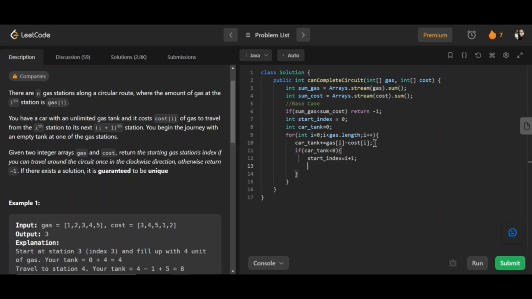So if the amount in our tank goes negative, then we have to change the starting index and start afresh from the next index. So car tank will again go to 0, car tank equals 0, and at the end we will return the start index.